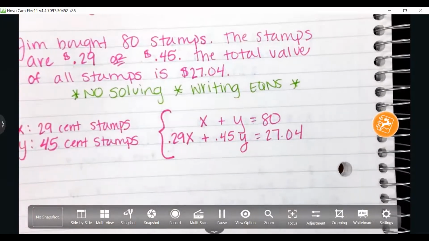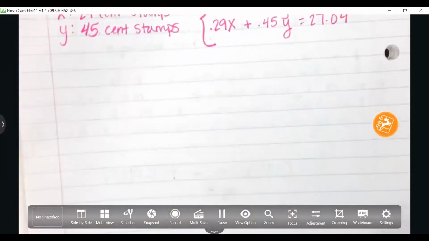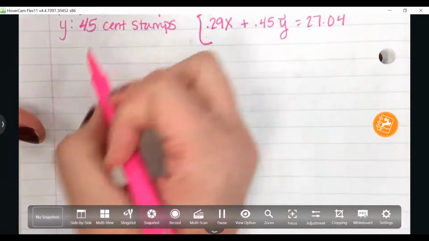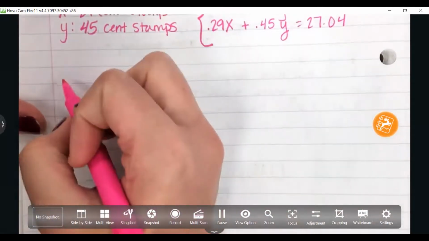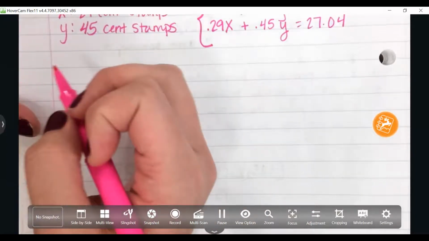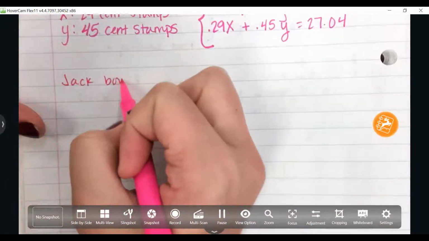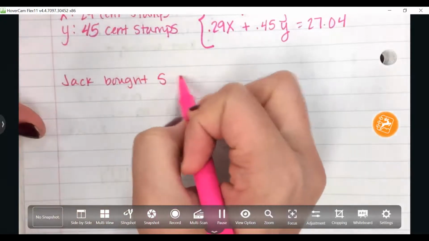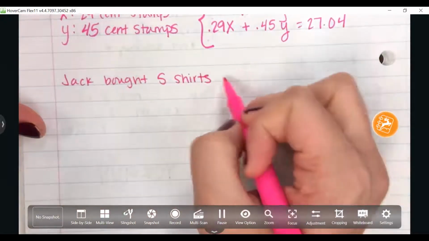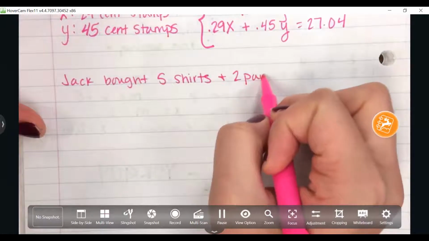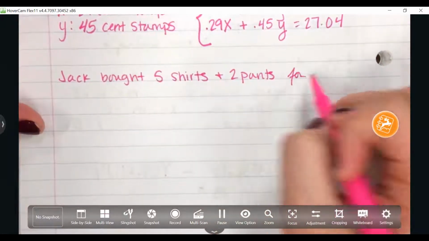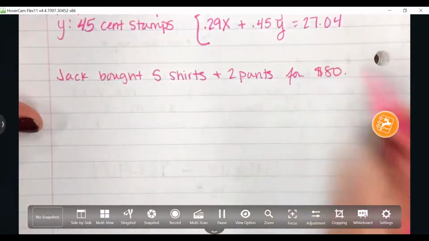Let's try it. Let's back up maybe. Let's go do one I think you'll be able to help me with. Okay? We're going to say these two kids went to the store. Okay? Jack bought 5 shirts and 2 pants for $80.